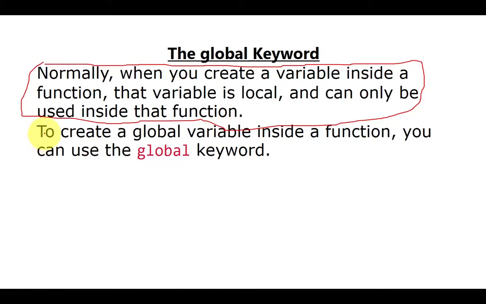Okay, now it says to create a global variable inside a function, you can use the global keyword. So you can use this keyword to create a global variable which is a local, but once you use this it becomes a global variable.